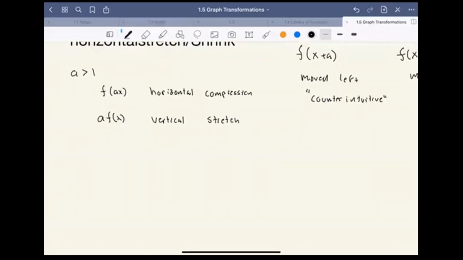Okay, if a is between 0 and 1, then f of ax is going to be a horizontal stretch. And a times f of x is going to be a vertical compression.